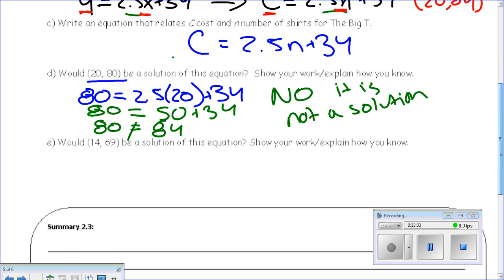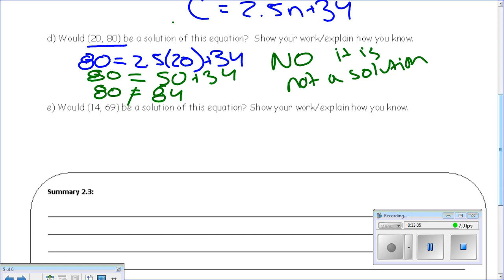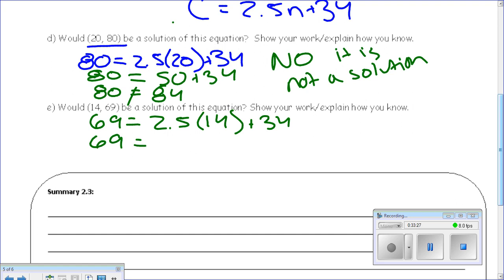And lastly, we would do the same thing with this last one, 14 and 69. I'll quickly do it for you guys. But we're plugging it in just like we did the last two. 69 would be where my y is, equals same exact equation. 2.5 times 14, because that's the numbers they gave us, plus 34. 69 is still on the left, and when I multiply 2.5 times 14 plus 34, that gives me 69.